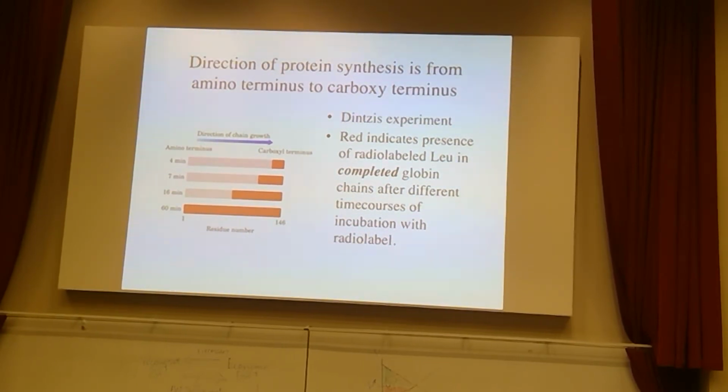He was doing like a time course, right? If you just sprinkled in a little bit for just a few minutes and then collected the product, what would he get? Or if he just allowed this radioisotopically labeled leucine to incubate in this protein expression system for an hour, what kind of product would he get?